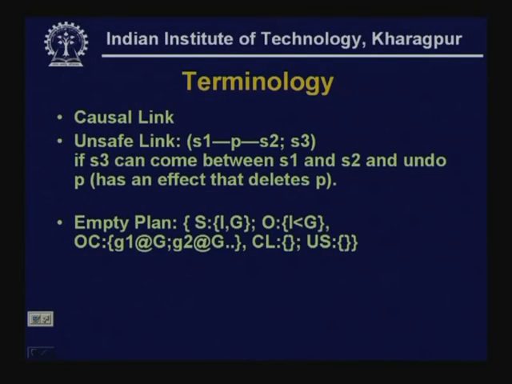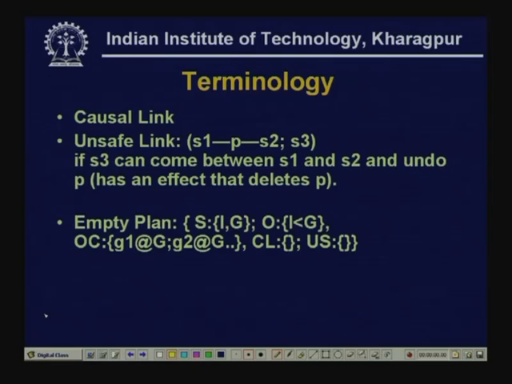In the empty plan we start with an initial state I and a goal state G, and we assume that I precedes G. There is an ordering between I and G. At G the preconditions that have to be satisfied are, suppose G is G1 and G2.